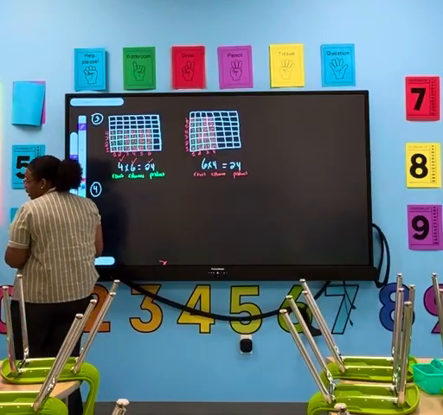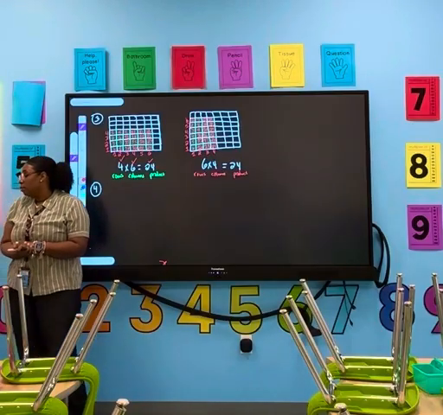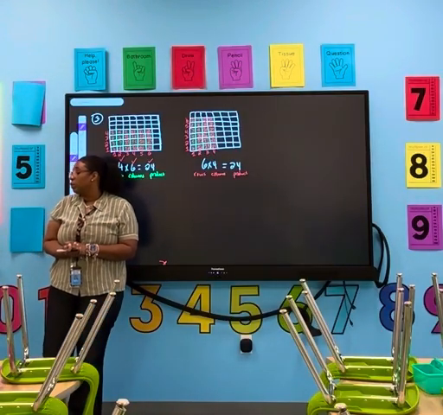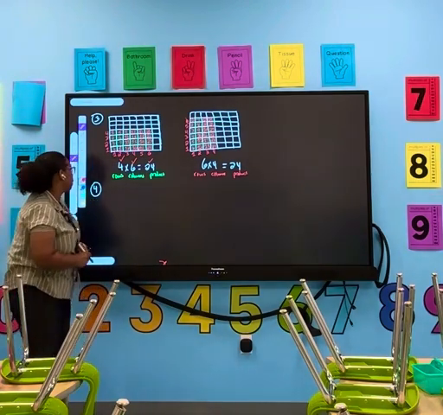So the question again asks us, explain how you know there are the same number of colored squares in both grids. It's because we use the same factors of 4 and 6.